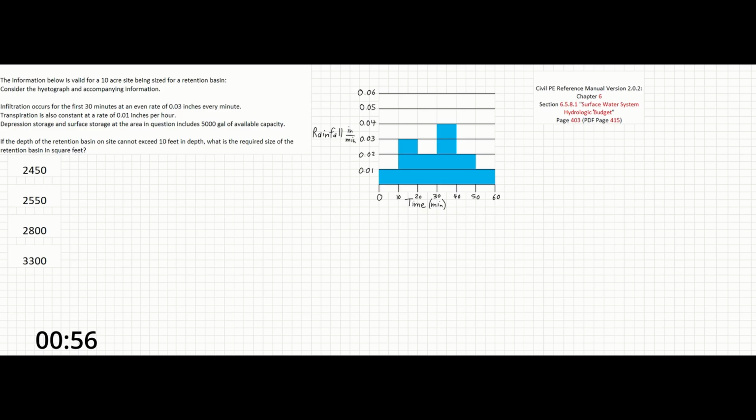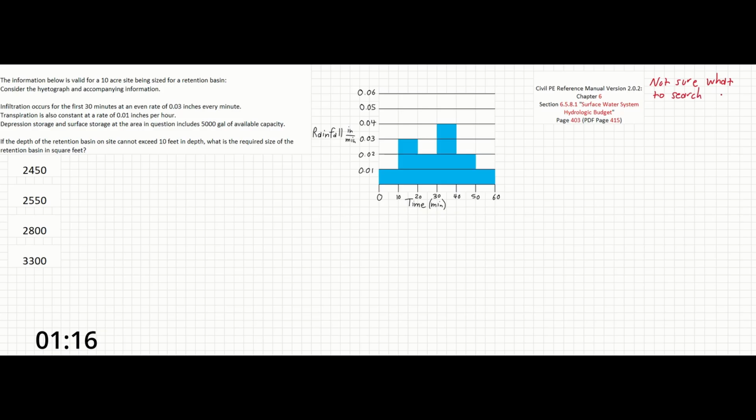Now there's nothing in the problem statement that would necessarily make you think, oh, I should search for these words. But there is a section in the Civil Reference Manual under section 6.5.8.1 titled Surface Water System Hydrologic Budget.